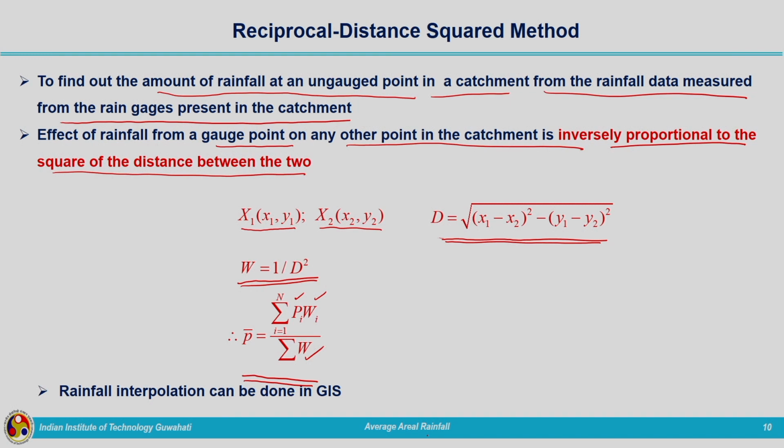Different interpolation techniques are incorporated in GIS software, such as kriging. Different types of averaging interpolation techniques are available. Whichever gives the accurate value, by validating the method you can make use of it for calculating the average rainfall over a particular area. So, even though we are measuring the rainfall at a point by making use of the rain gauges, that can be converted into representative average areal rainfall values based on these techniques which we have seen now.